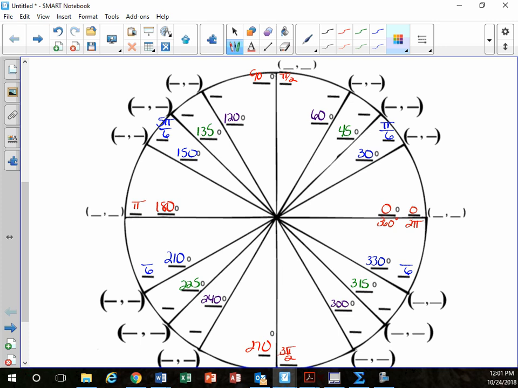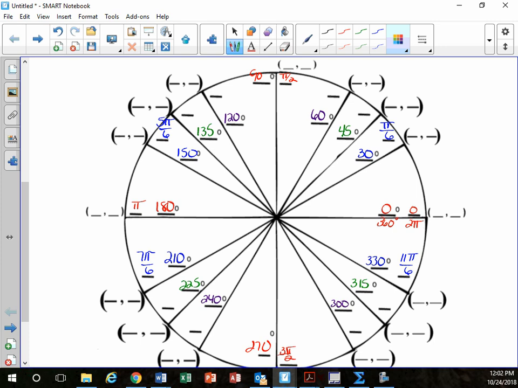What's next? 7 pi. And then what do you think that last one's going to be? 11 pi over 6. And do you guys see how that's almost 2 pi? Okay, so this is 1 pi over 6. I'm like 1/6 of the way to pi. Okay? So to get all the way over here, it's the next fraction that doesn't reduce.